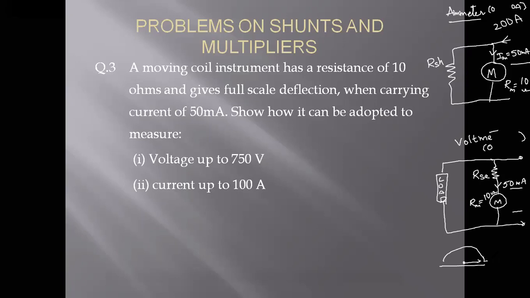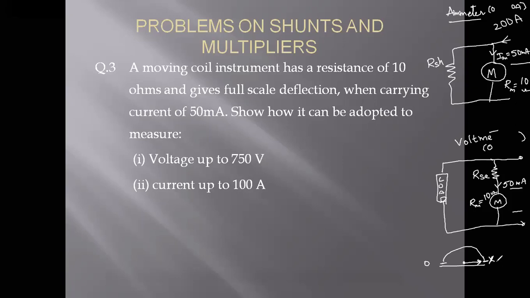This is the full scale value. So it is starting from 0 to say some value x. So the pointer will show full scale deflection when the meter carries a current of 50 milliamperes.